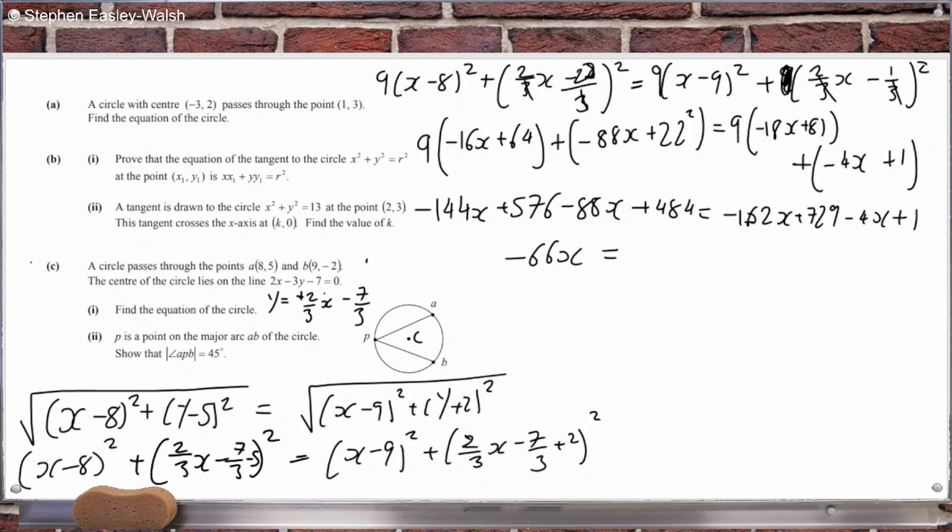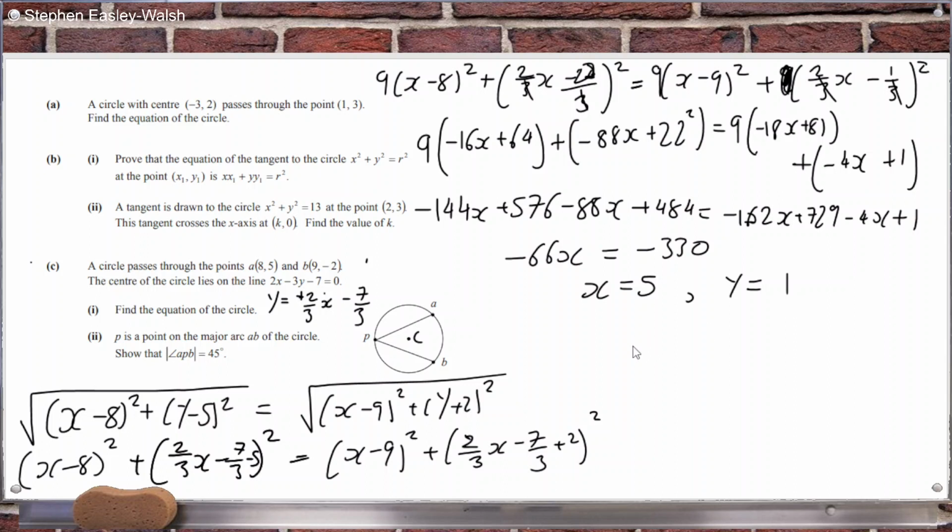That's minus 330. That looks good because that gives you an x of 5, which therefore would make y equal to 10 over 3 minus 7 over 3, which is 1. Looks very promising.